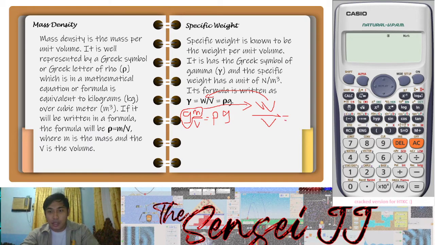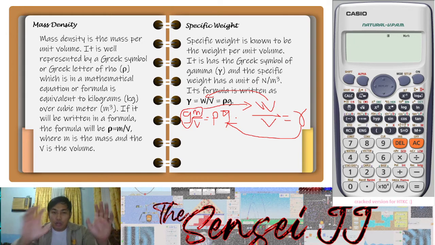With this, our weight all over volume is equivalent to our gamma, meaning this gamma is equivalent also to our mass density multiplied by gravity.